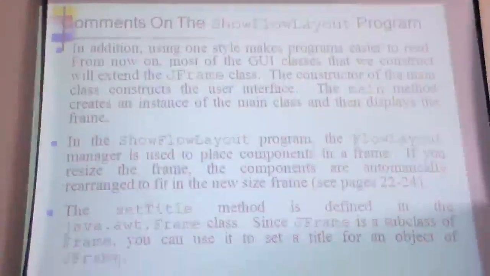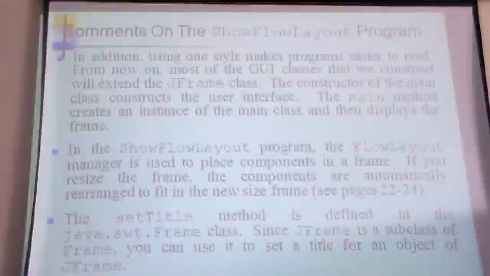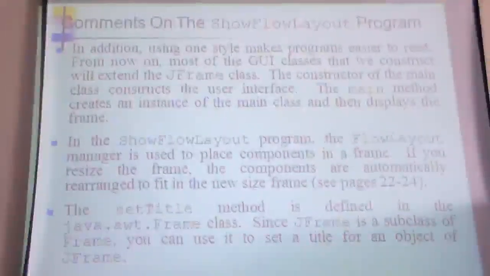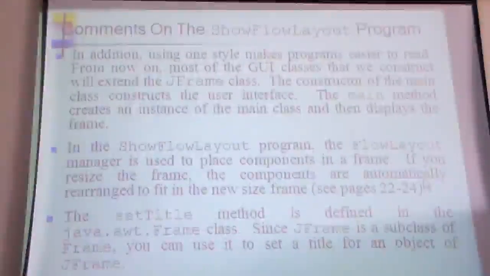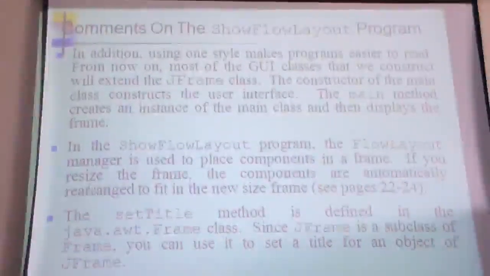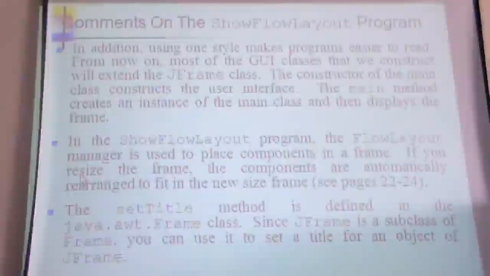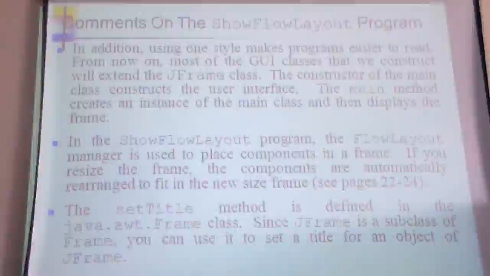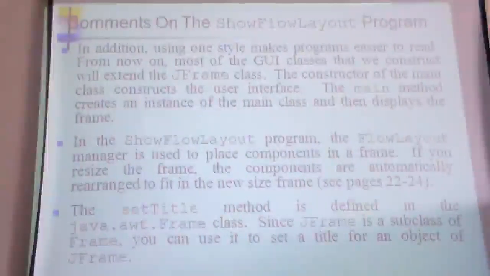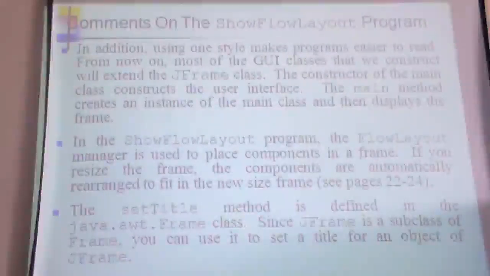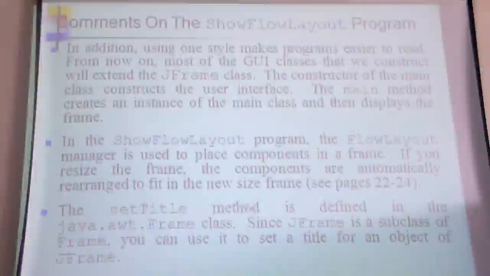In the show flow layout program, the flow layout manager is used to place the components in the frame. If you resize the frame, the components are automatically rearranged, because it is the responsibility of the flow layout. If you increase or resize your frame, the flow layout manager is responsible for arranging the components in the new space.